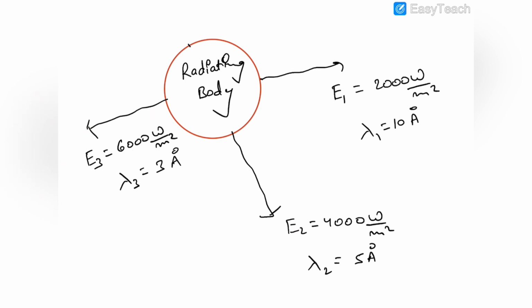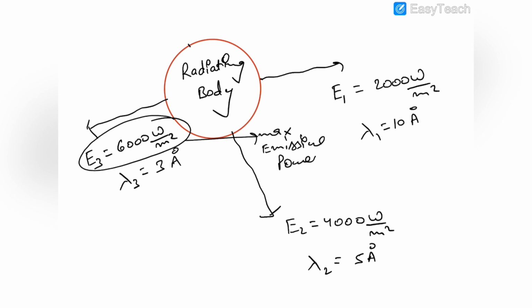Now we can clearly see the maximum wavelength of the radiations emitted is 10 angstrom, but we are concerned with the wavelength corresponding to the maximum emissive power. In this case, the maximum emissive power is this one.